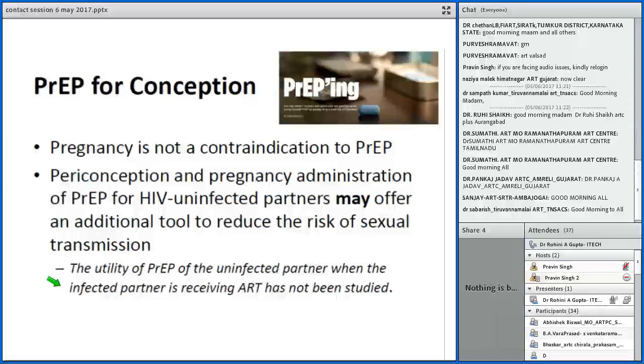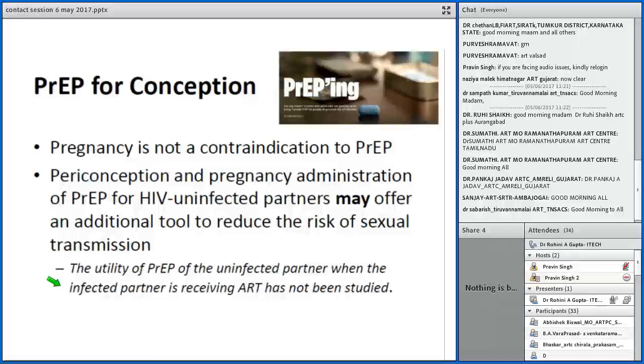This is pre-exposure prophylaxis. Pregnancy is not a contraindication for PrEP. Pre-conception and pregnancy administration of PrEP for HIV uninfected partners may offer an additional tool to reduce the risk of sexual transmission. The utility of PrEP for an uninfected partner when the infected partner is receiving ART has not been studied.